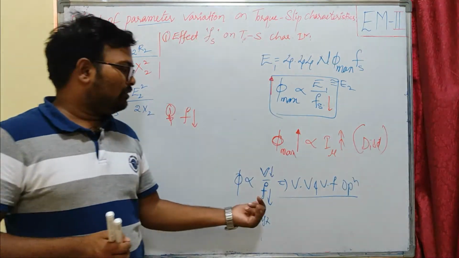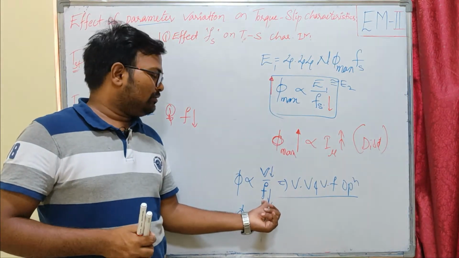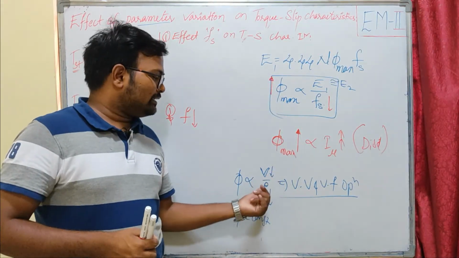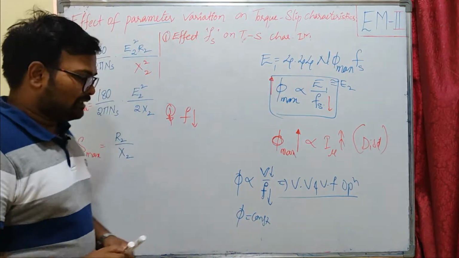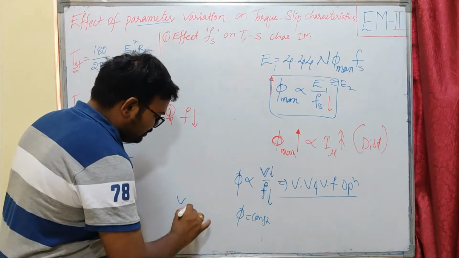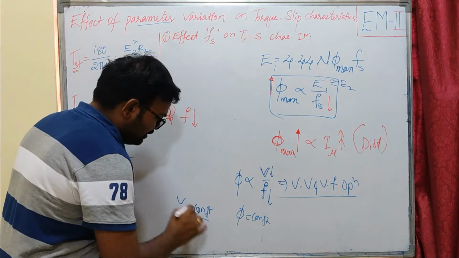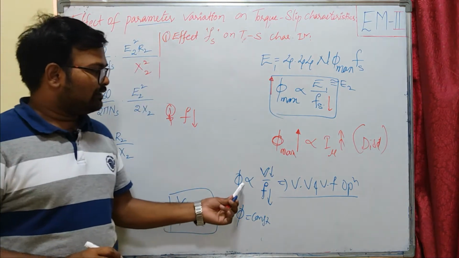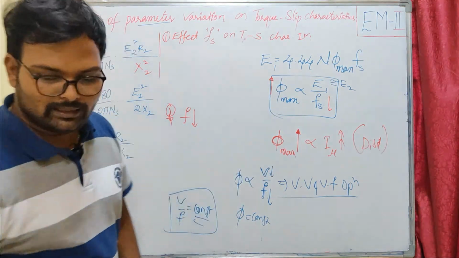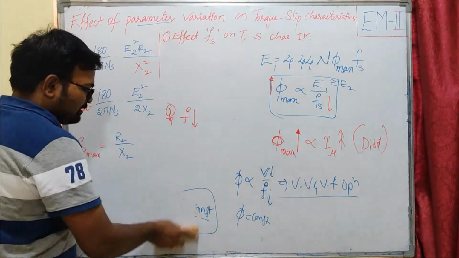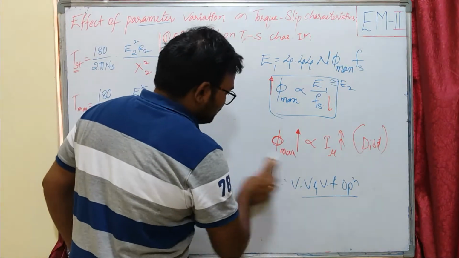If you have to operate the machine at reduced frequency, you have to reduce the voltage such that our flux is constant. That means our V by F ratio should be constant, then only there will be no saturation of core material, which increases the loss in the core material.